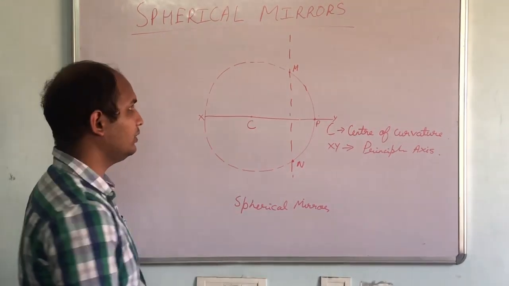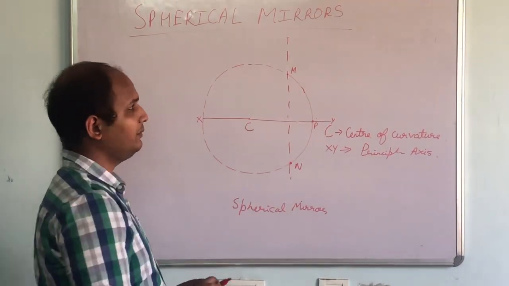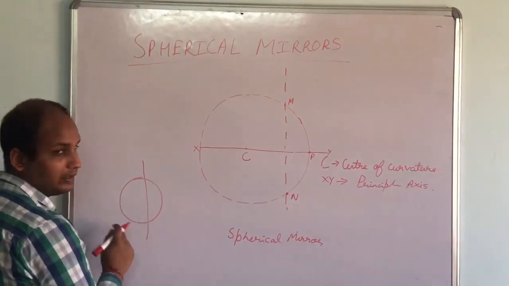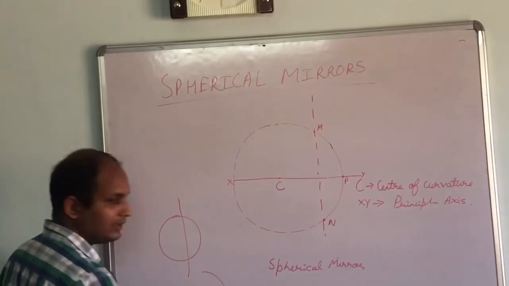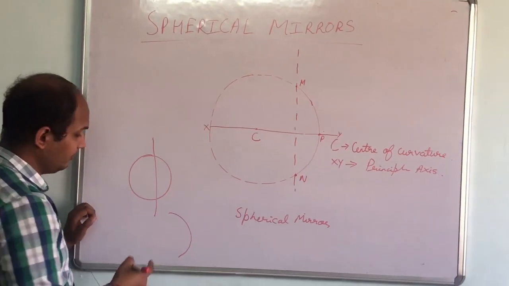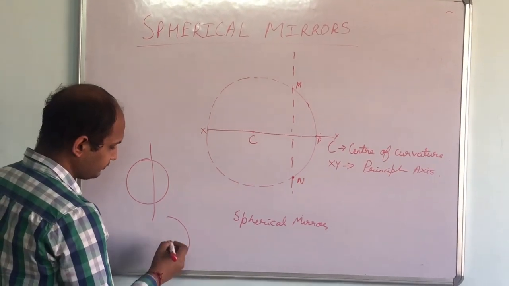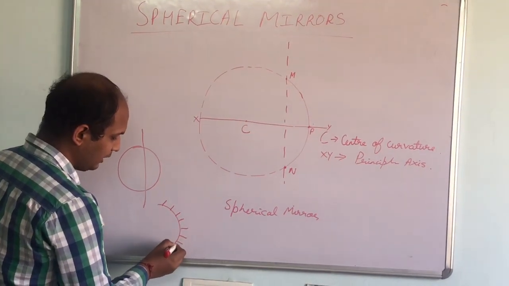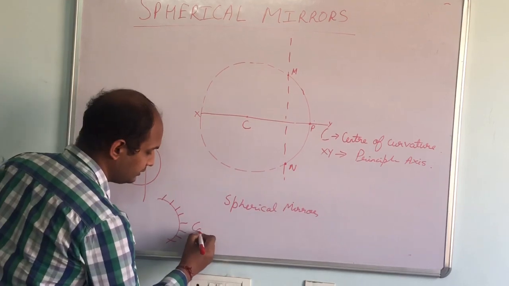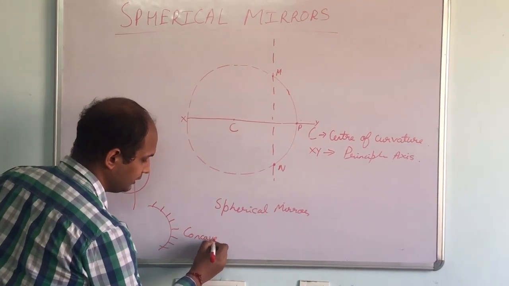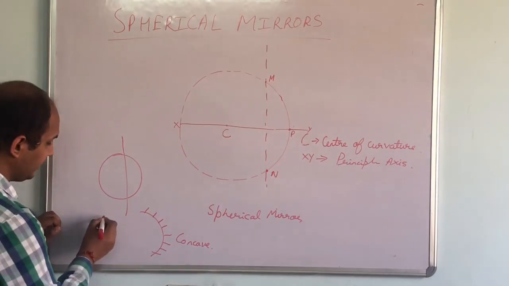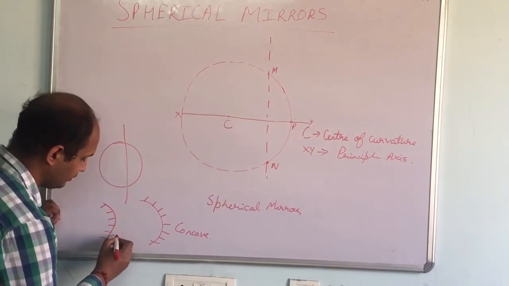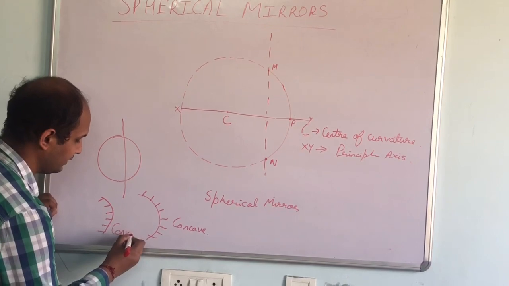What we are going to do now is, from that spherical mirror, from this figure, I am going to cut down this part. Now this part is something of this shape, right? Now what will happen when I shade or polish this part from outside, then it is known as a concave mirror. And when I shade or polish this part from inside, then it is known as a convex mirror.